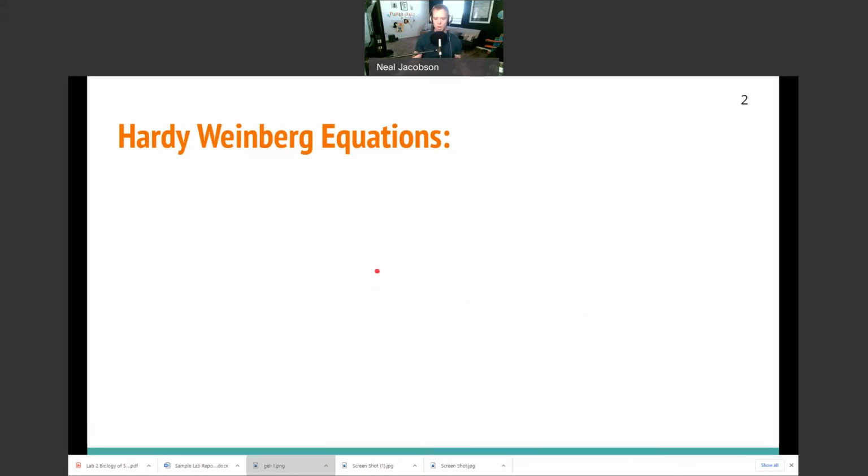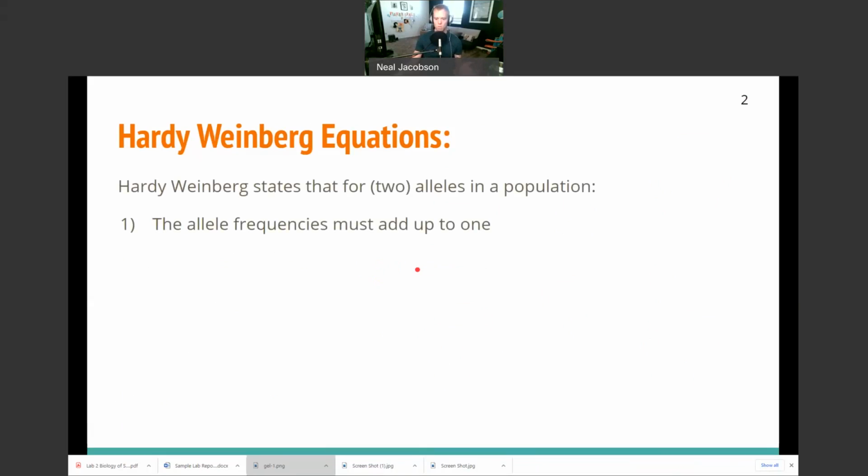They use P and Q as their two variables. So you could say P is essentially equal to big A and Q is essentially equal to little a. According to Hardy-Weinberg, the frequencies for the two alleles, P plus Q, have to add up to 1. That's just what we saw earlier: the frequency of big A plus the frequency of little a has to add up to 1.